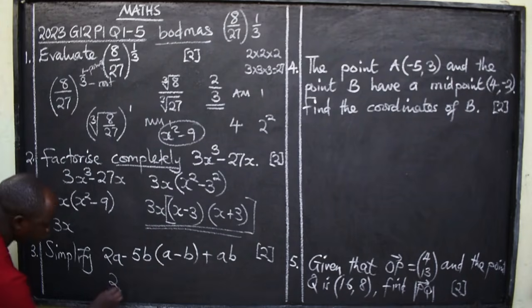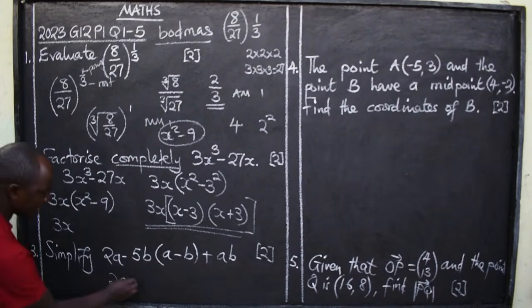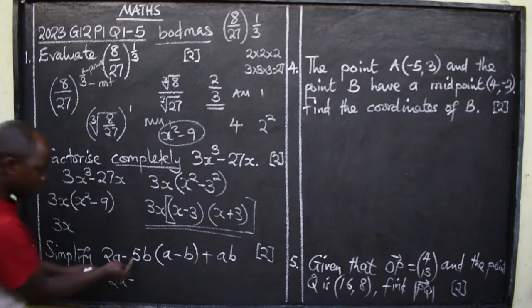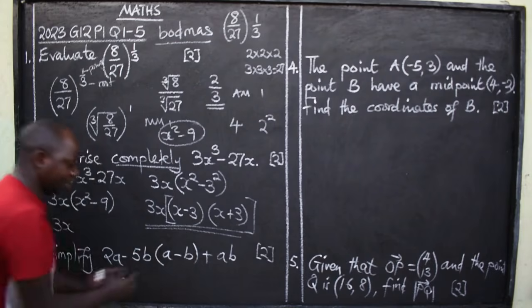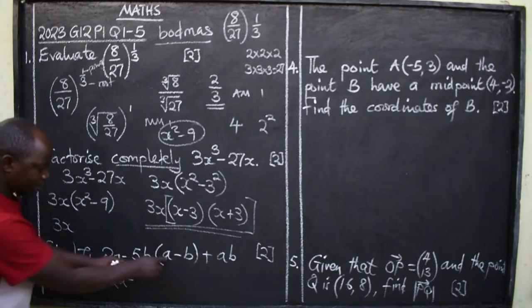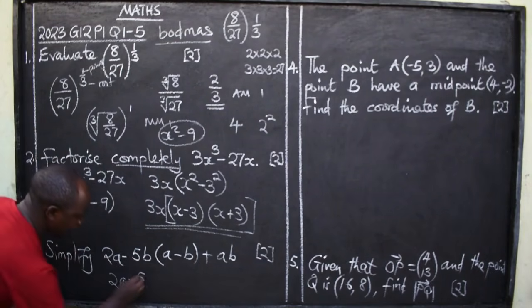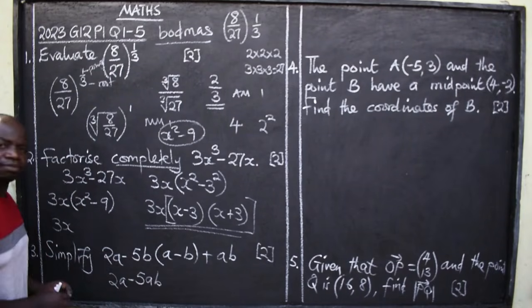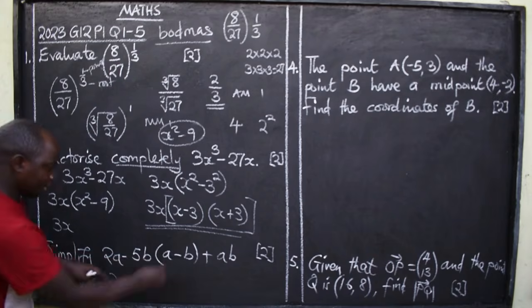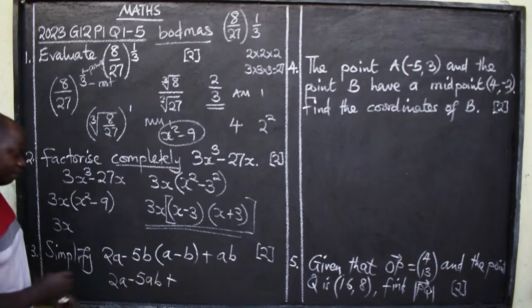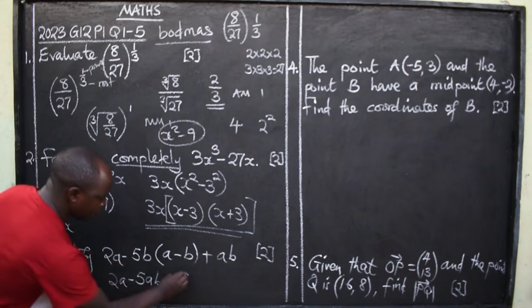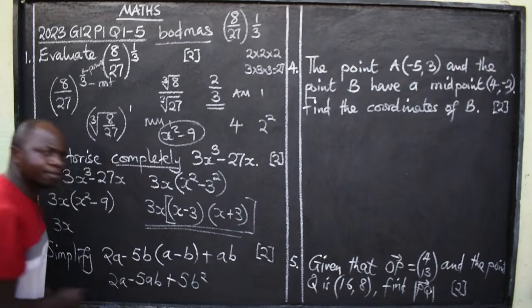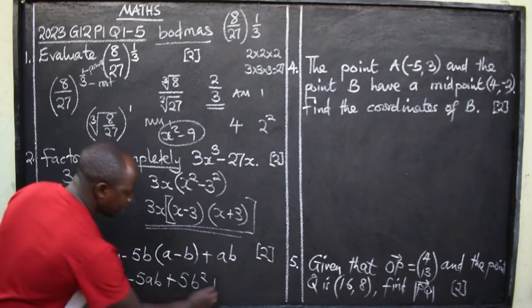Going to 2a minus, to remove these brackets, we are going to multiply 5b by everything inside. So it will be 5b times a, it will be 5ab. This negative and negative will result in positive. 5b multiplied by 2b, 10b squared. Then we have the last plus.